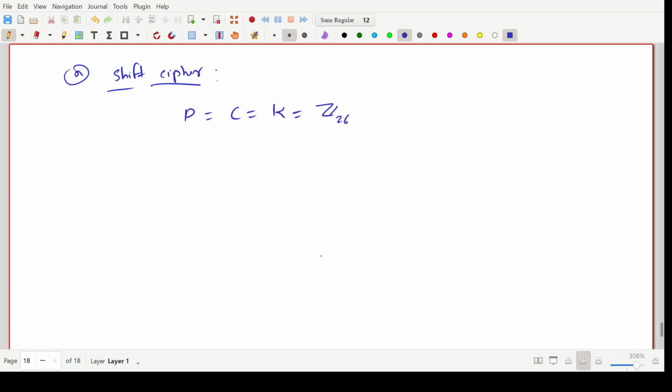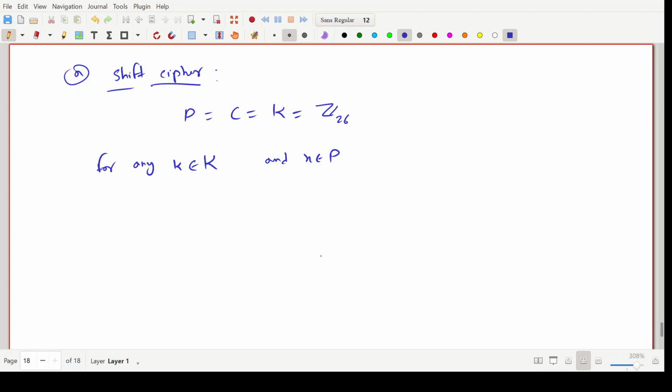That is your alphabets A, B, C, D up to Z. So first let us choose any key K, for any K belonging to the key space, and X belonging to P, the plain text space.